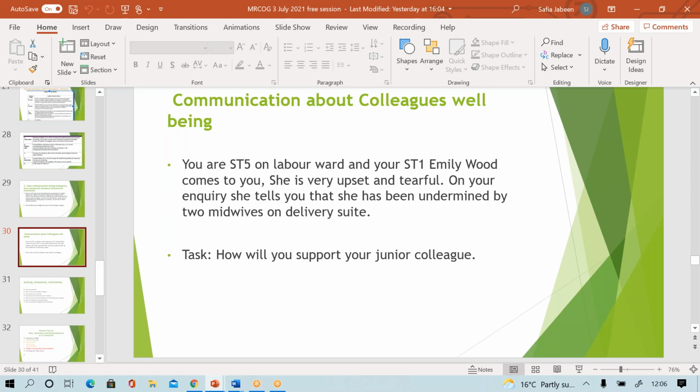Bullying, harassment and undermining unfortunately still happen, and quite commonly. Most of the time, the people who are bullying are not aware they are bullying. And the victims who are getting bullied just take it and think there's nothing they can do.